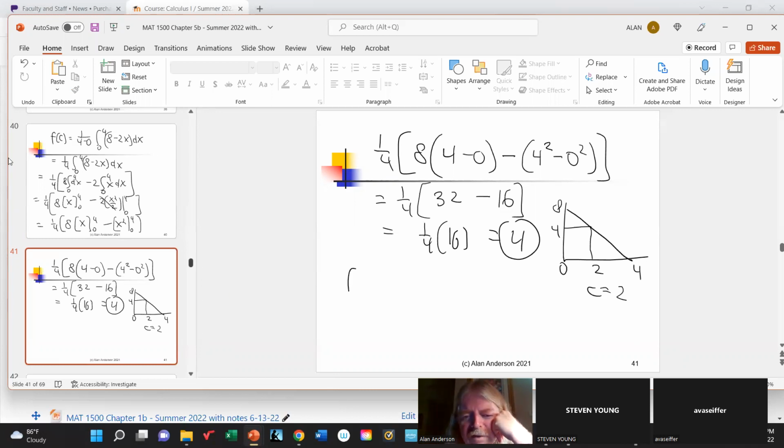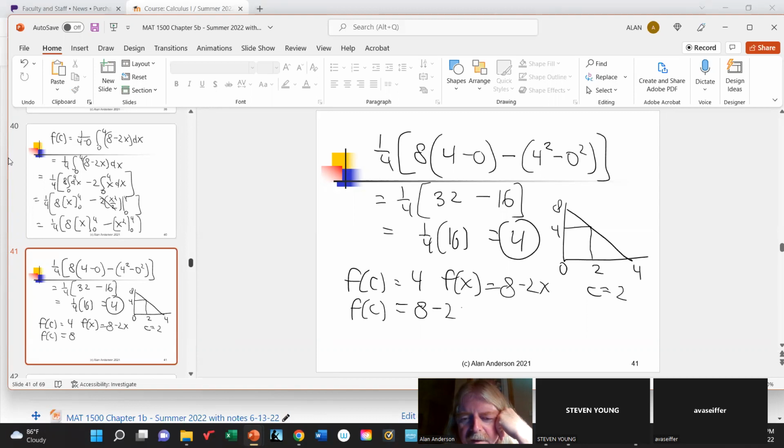We need to know f of c such that f of c equals 4. The original function, f of x, was 8 minus 2x. So that means that f of c is 8 minus 2c, which equals 4. So as we expected, 2 is c.